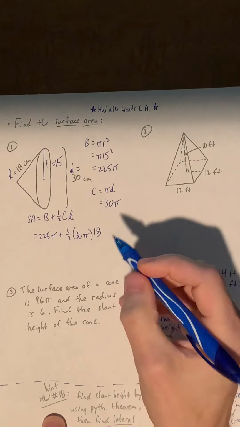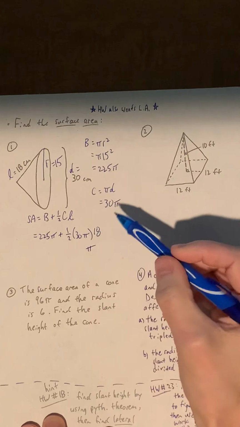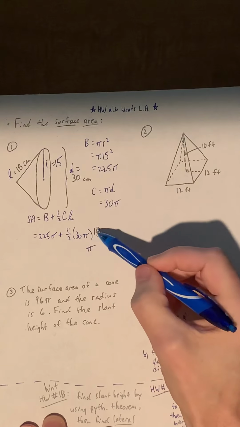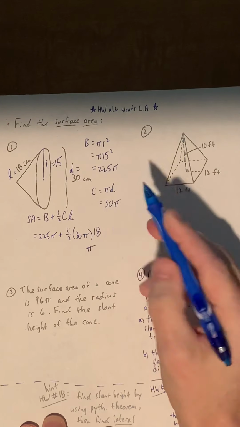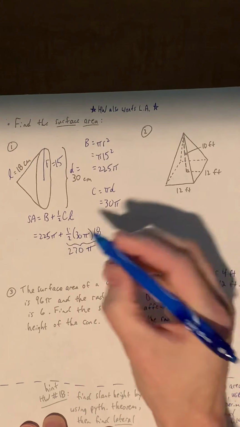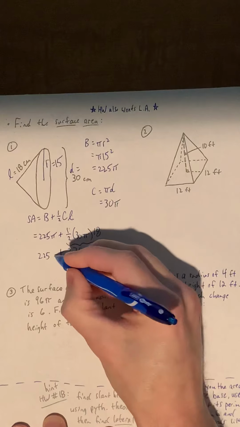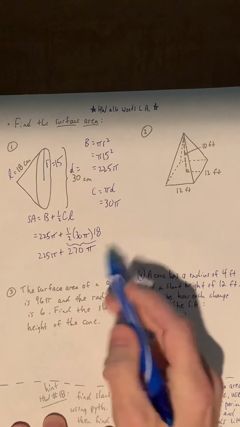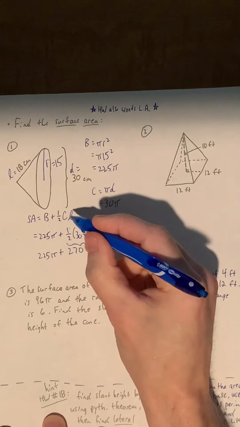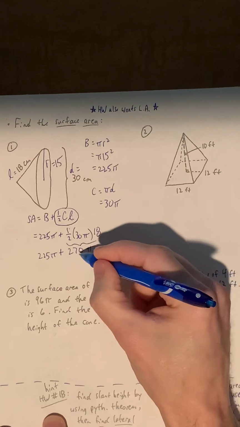All right, we can keep the pi here. And if we take half of 18, that's 9 times 30 is 270. So this all becomes 270 pi. 225 pi, we're going to add to that. Now, if we stop for a second, remember we said that the 1/2 CL part was our lateral area.